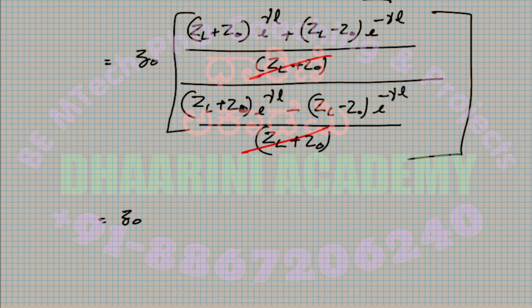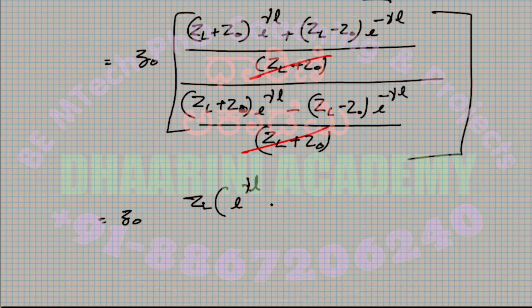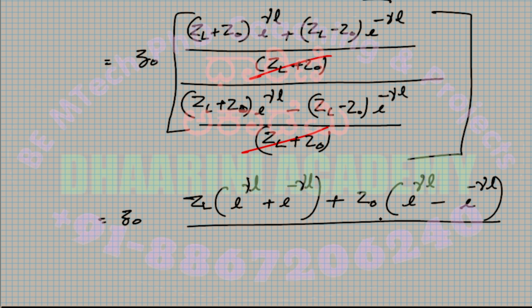Right now we have e to the gamma L taken out common. So I want to change it. I will simply write the ZL common. So when I take ZL out, it's e to the gamma L in the first term and plus e to the power minus gamma L in the second term, right? Plus, take Z naught common. First term gives the e to the gamma L. Second term is minus of e to the power minus gamma L. This is what is happening in the numerator, right?